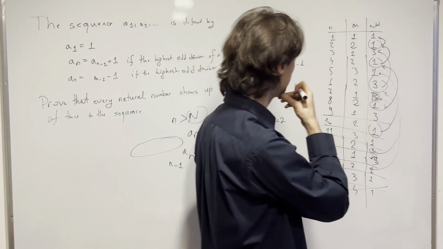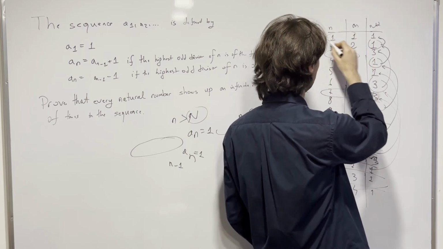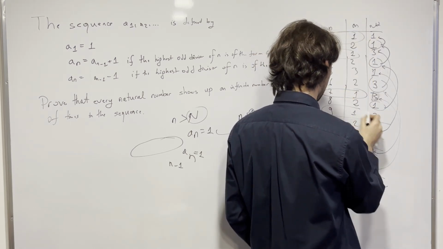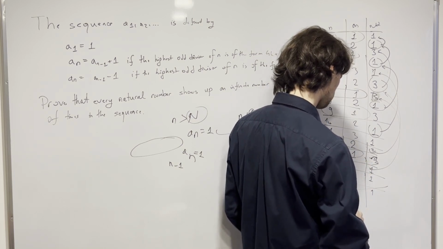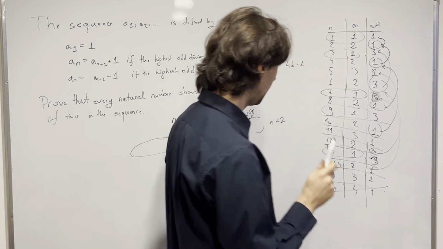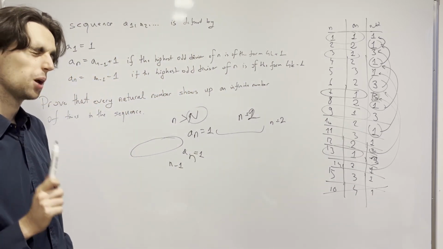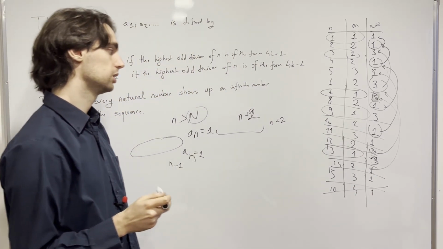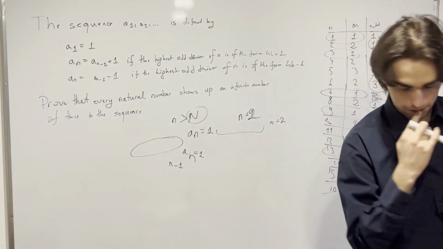I'm also noticing that 1 shows up for 7, for 3, for 1, for 9, for 13. It shows up at odds. Could that matter in some way? How are we going to go about this?